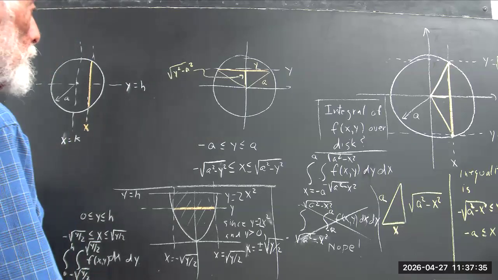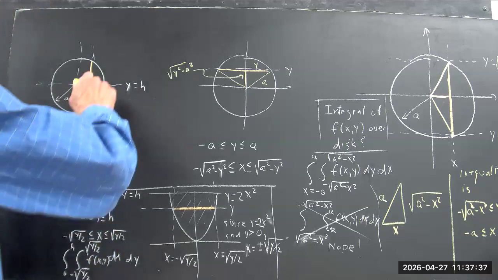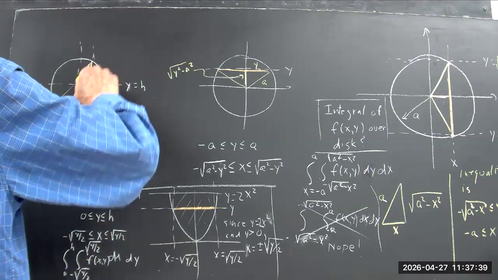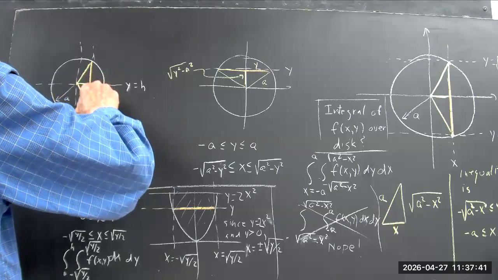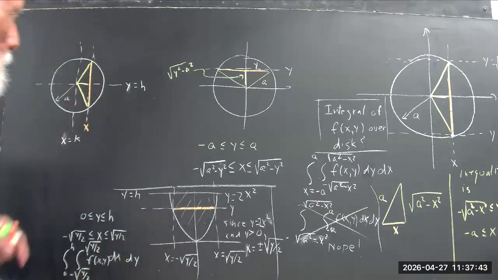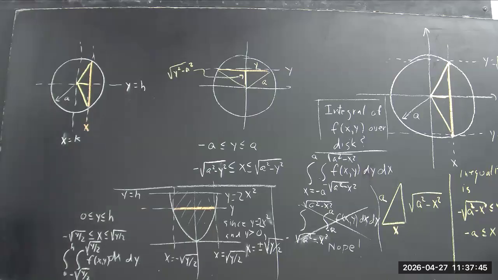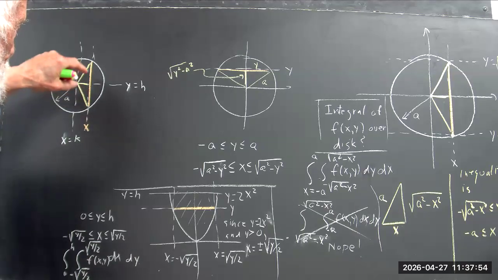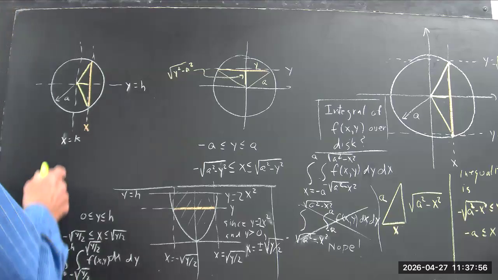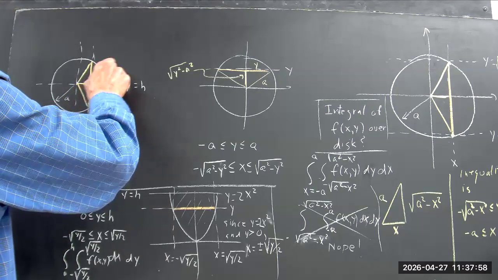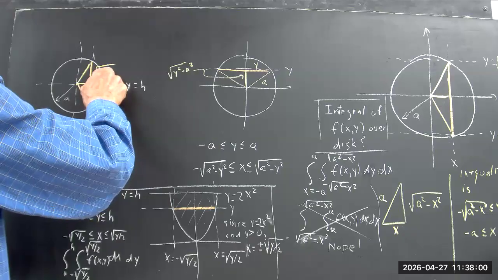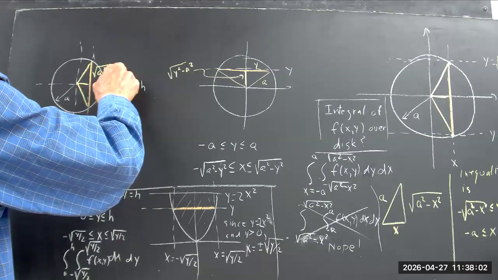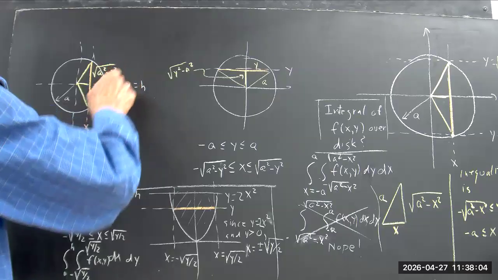Well, hopefully the first thing you did was you drew two triangles that are going to give you important information. And you're going to find then that the vertical leg of each triangle is the square root of a squared minus x squared.